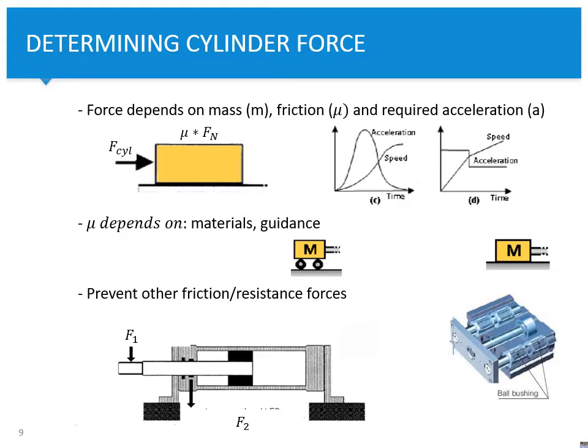You can see a cylinder over here, and we have two guidance units over here. So these two, they'll guide the object in a straight manner, so to reduce friction and allow you to use a smaller and probably cheaper cylinder.